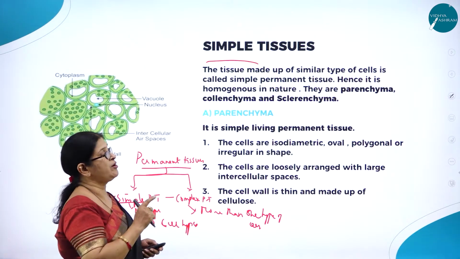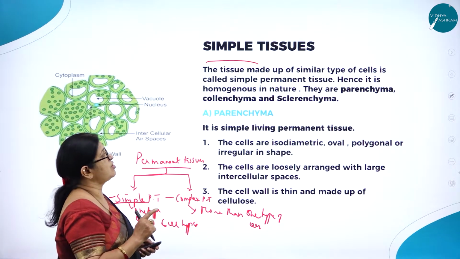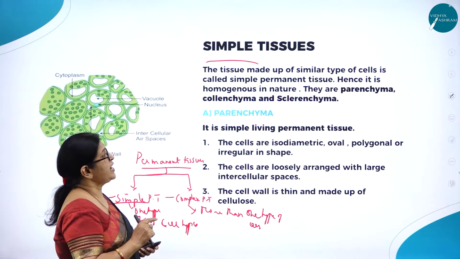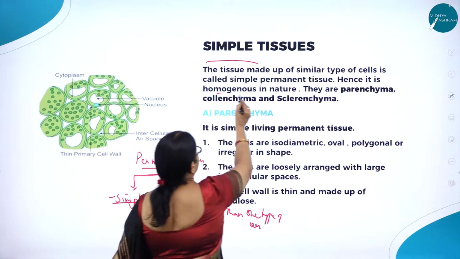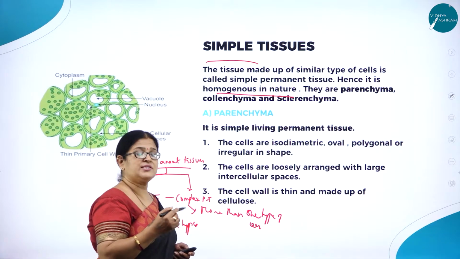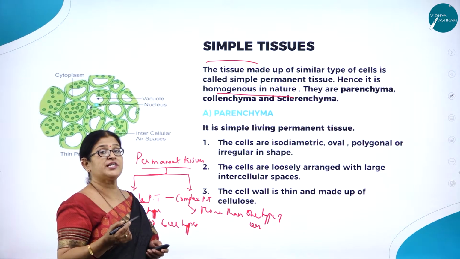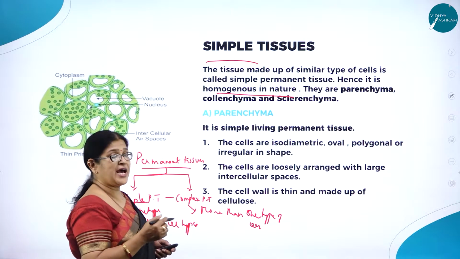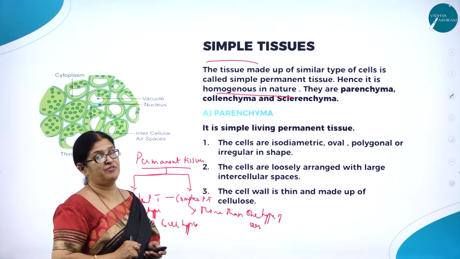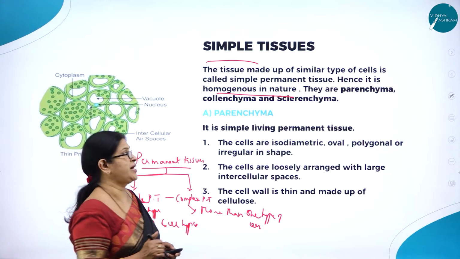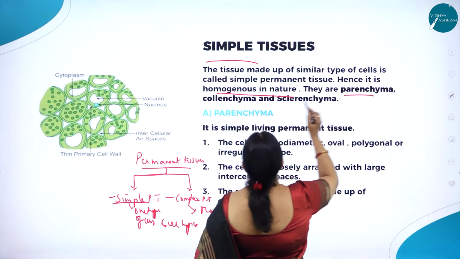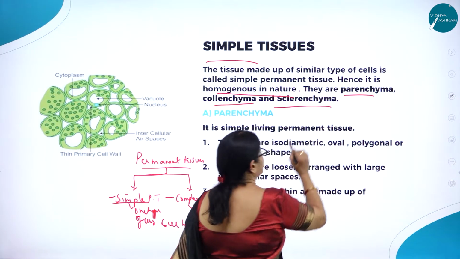The tissue made up of similar type of cells is called simple permanent tissue. Hence it is homogeneous in nature. All the cells are of similar type, hence they are called homogeneous. If they are different, we call it heterogeneous. And the three very important types of simple permanent tissue are parenchyma, collenchyma and sclerenchyma.